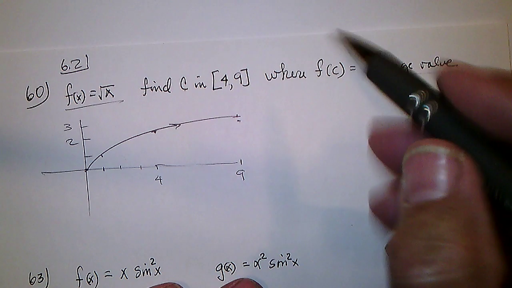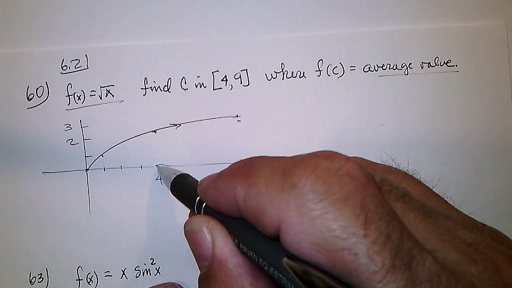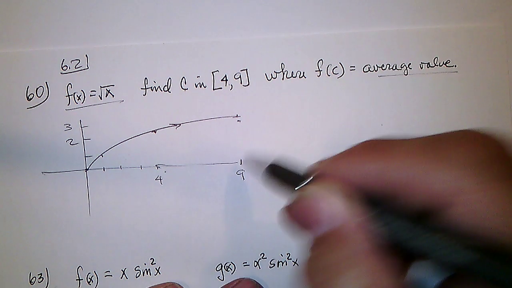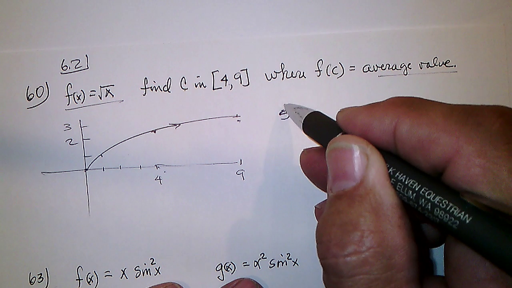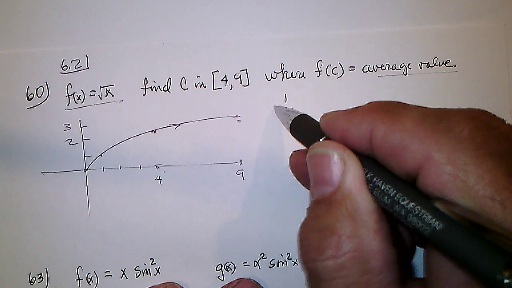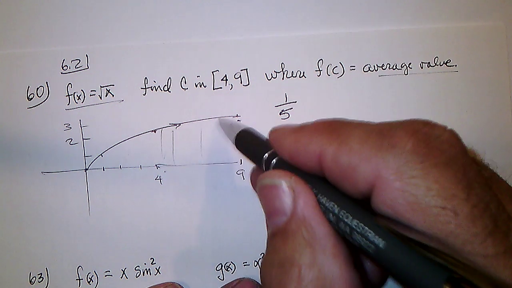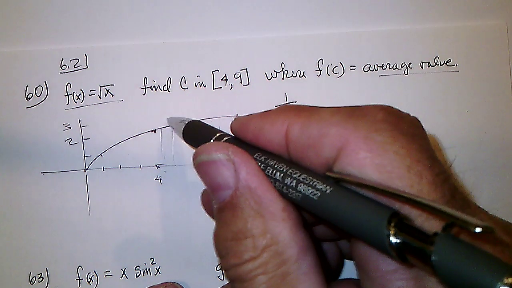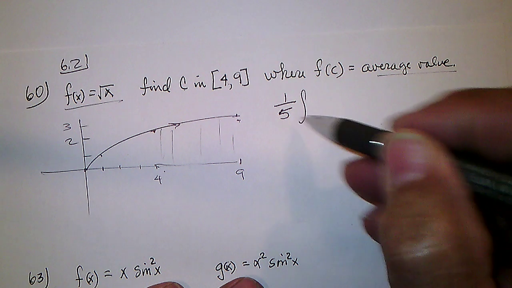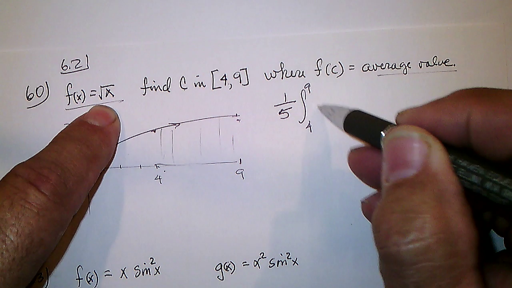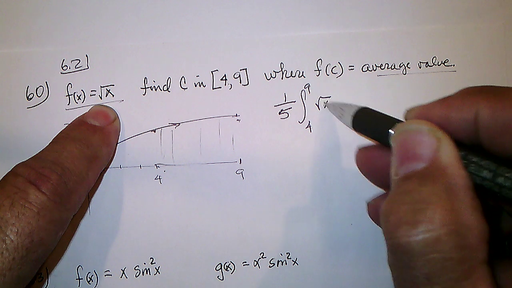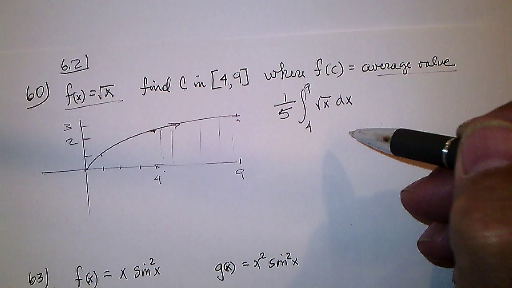To get that average value, you take the width of the interval we're doing, 4 to 9, which is 5, and divide the area by 5 to find the average height. The area would be the integral from 4 to 9 of this function, dx.